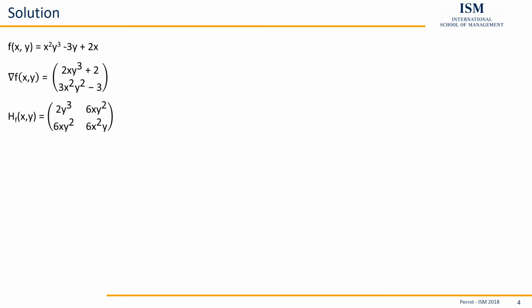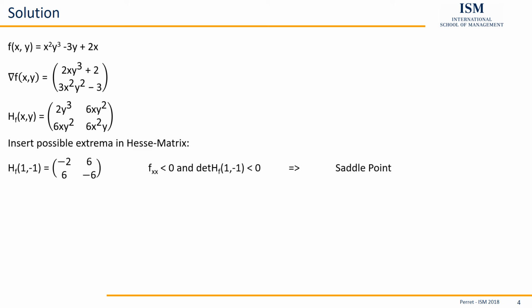Okay, what to do with this? We just insert the two possible extrema we have here in this Hesse matrix. So we start with the first one, 1, minus 1. This gives us here in the upper left a minus 2, so a negative value, and the determinant of the Hesse matrix in this case, so minus 2 times minus 6 is 12, minus 6 times 6 is negative, 12 minus 36 is negative.